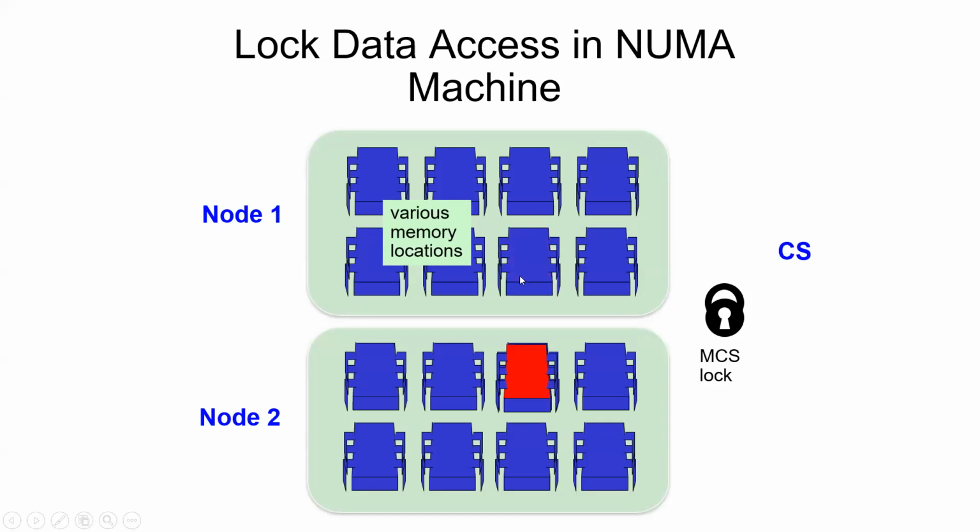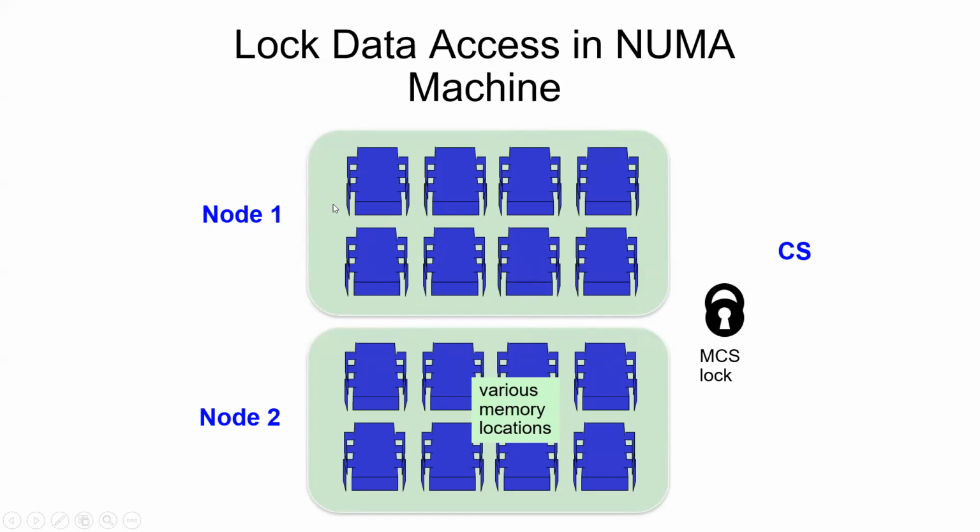Then the next thread will acquire the lock from NUMA node 2 and enter the critical section. After that, it will go to some other memory location, access it, and perform the operation.